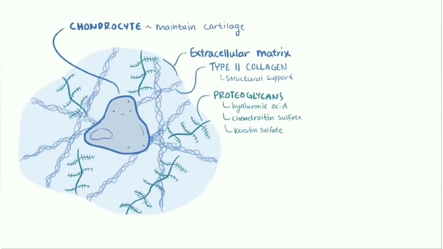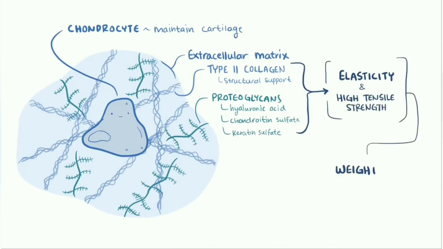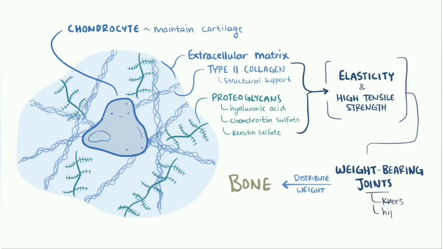All these extracellular components give the cartilage elasticity and tensile strength, which help weight-bearing joints distribute weight such that the underlying bone absorbs the shock. These joints are in the knees, hips, and lower lumbar spine.